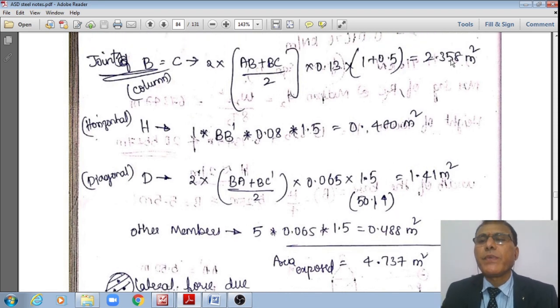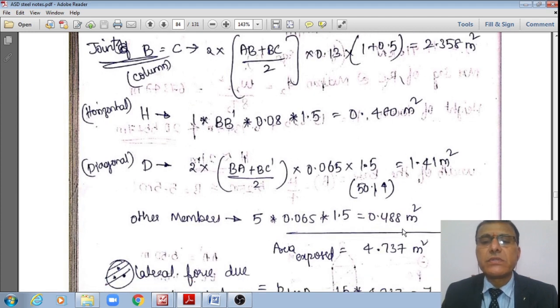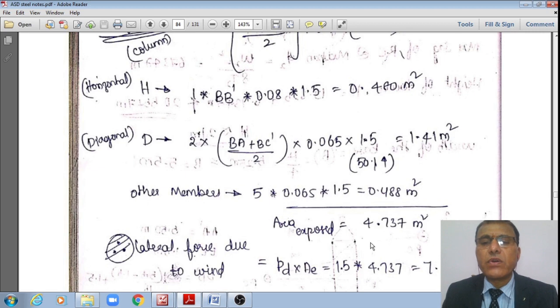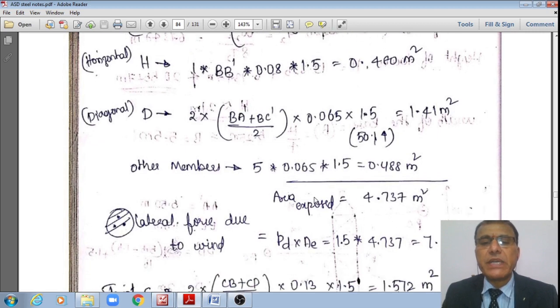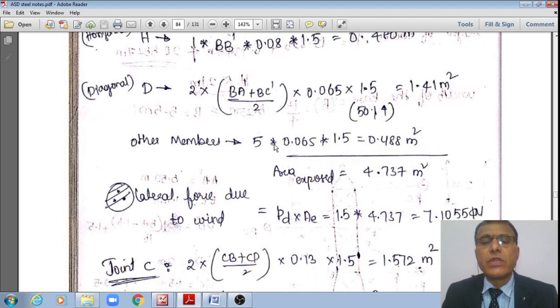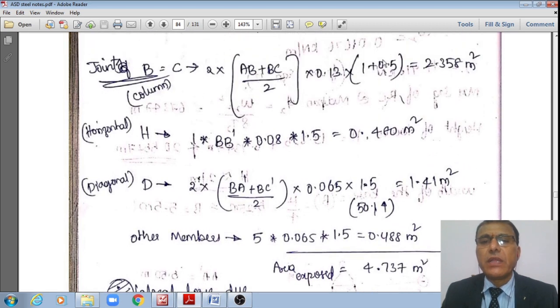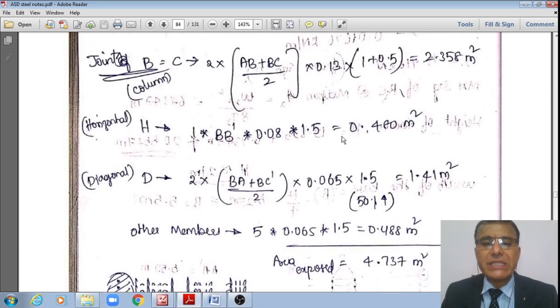And for the summation of 2.358 plus 0.48 plus 1.41 plus 0.488 is equal to 4.737 meter square, right? That is how the total exposed area, including that of the 50% of the leeward side also.